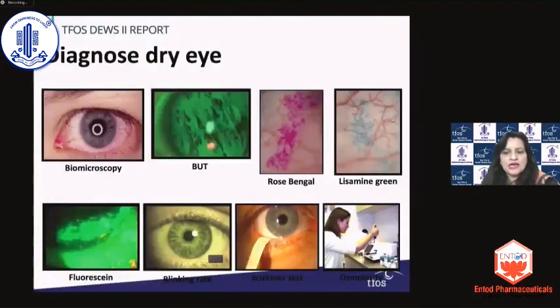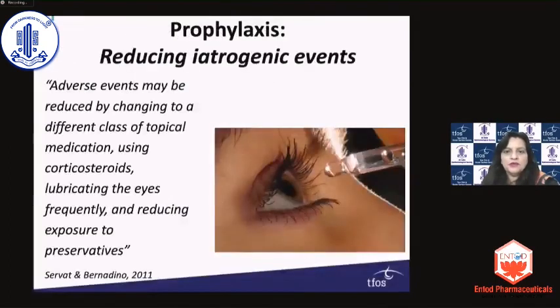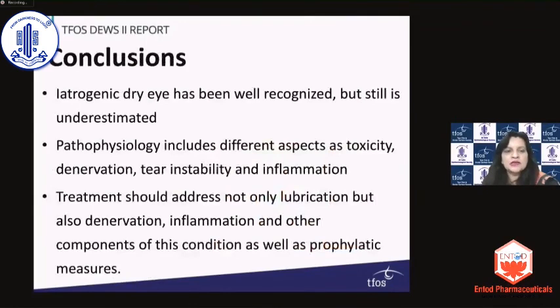Now, there are a variety of tests for dry eye disease, and although they have been tested for cases which are not iatrogenic, these have to be also standardized in cases which are iatrogenic. And one has to take prophylaxis in the form of drops, especially in those cases which are sitting borderline.